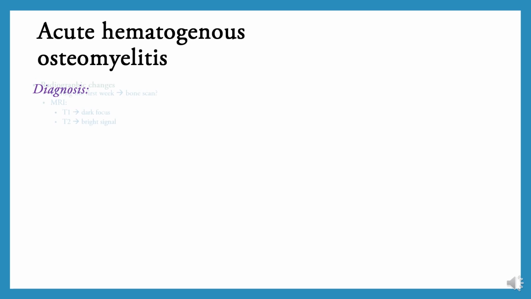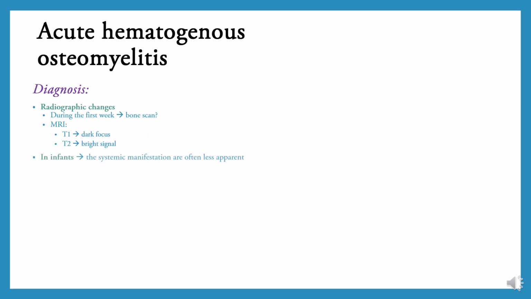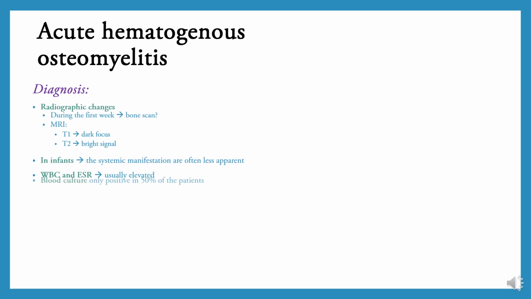To diagnose acute hematogenous osteomyelitis, since there are radiographic changes only after the first week, we could use bone scan and MRI. For infants, the systemic manifestations are less apparent. White blood cells and ESR are usually elevated, blood culture only positive in 50% of the patients.